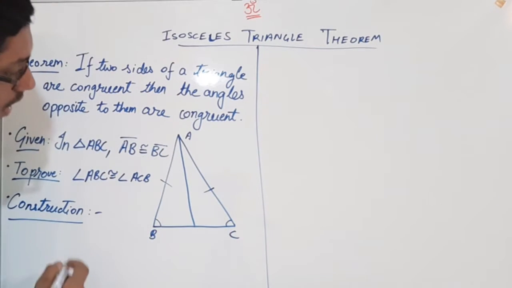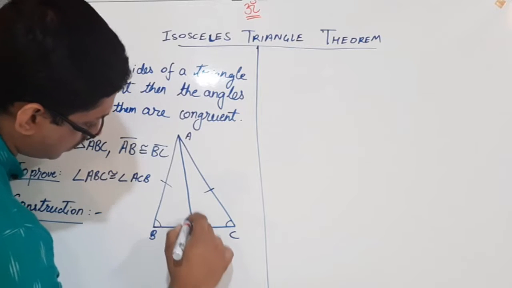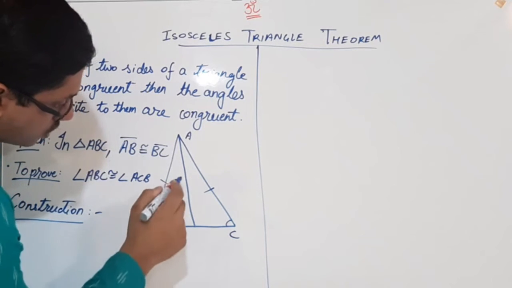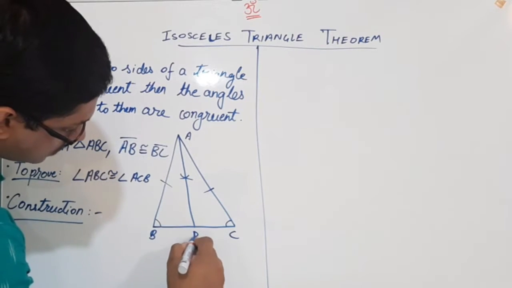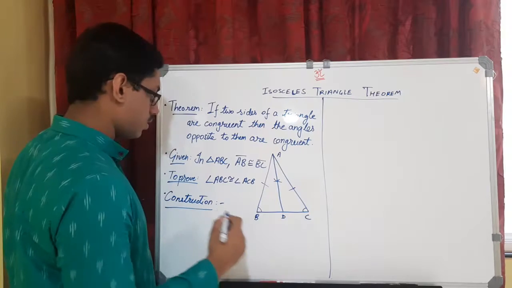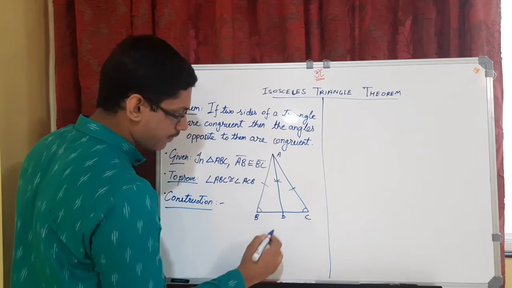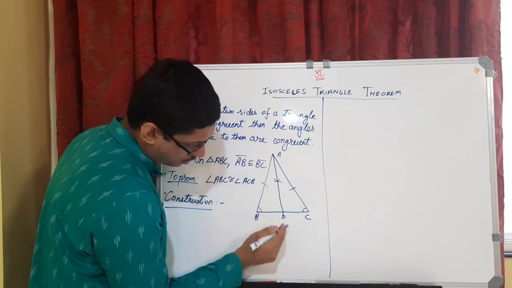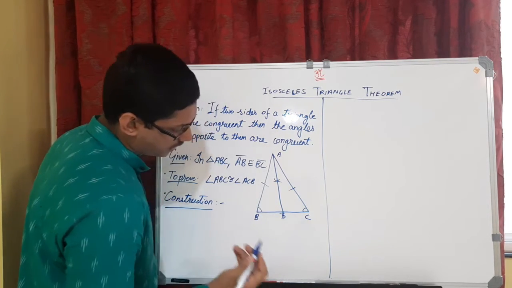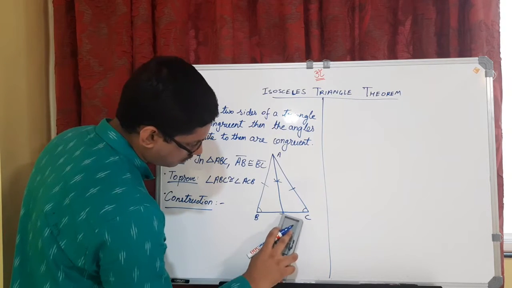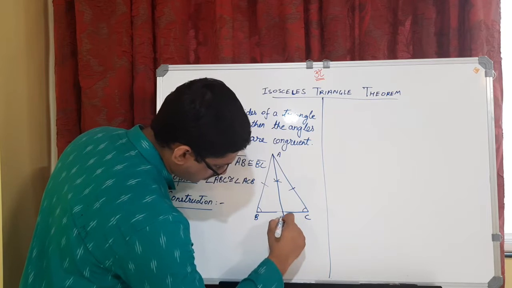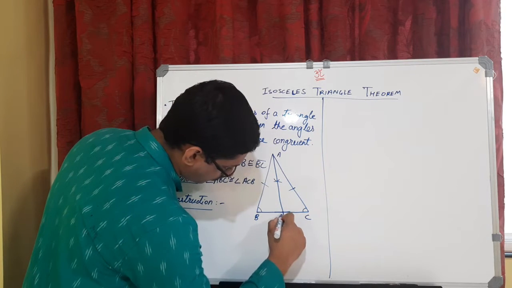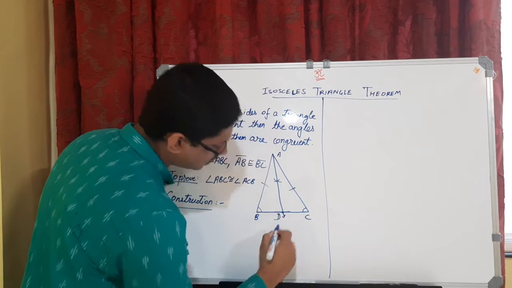And it will meet here at D. So if we construct it, it will look somewhat like this. This is D. If you want, during construction it will come out of here, which is fine. If it comes out like this, it is fine. No problem here. Just name this point as D.